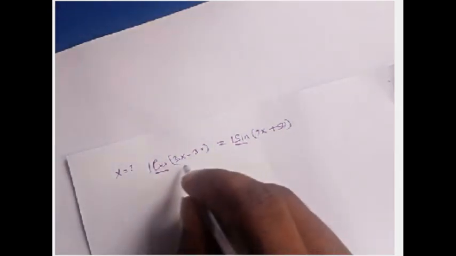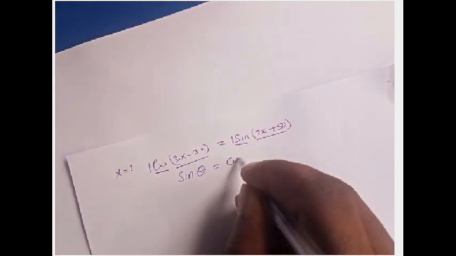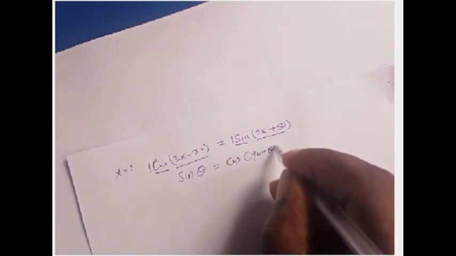When sine is equated to cosine, and of course the coefficient is 1, the two angles are complementary angles, following that the sine of angle theta is equal to the cosine of its complement, 90 minus theta.